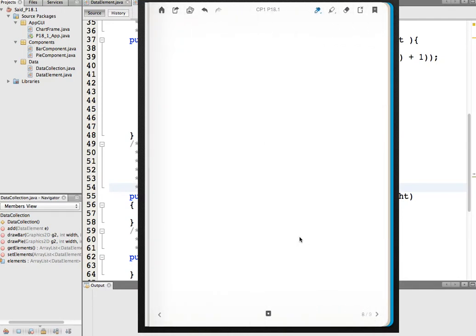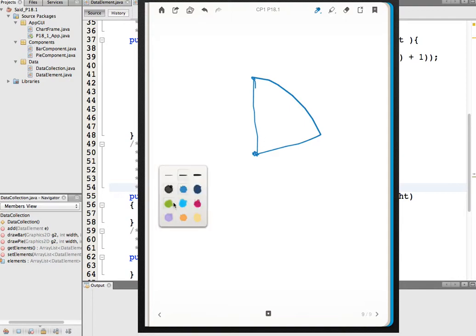Let me talk a little bit about the arc. So if you start an arc from here, you are starting from a starting angle, drawing the arc until an end angle, and that is your arc. If you're trying to fill that arc, you're filling the area in between. The fillArc method gets information about the rectangle that contains that arc.